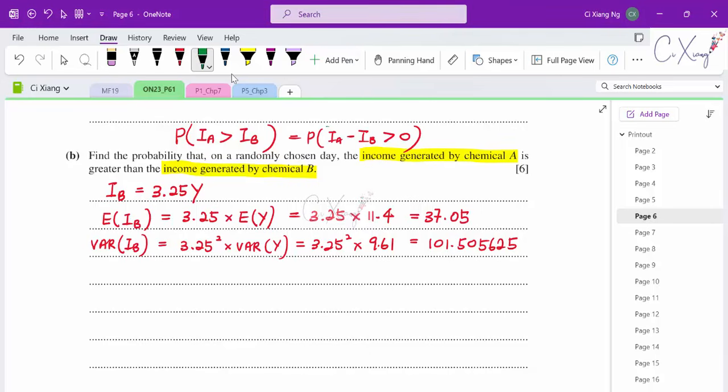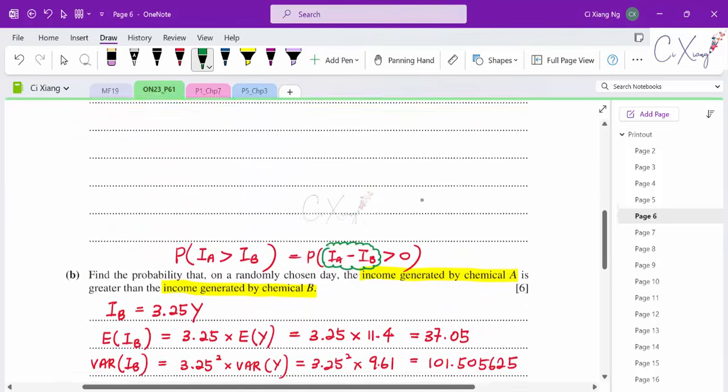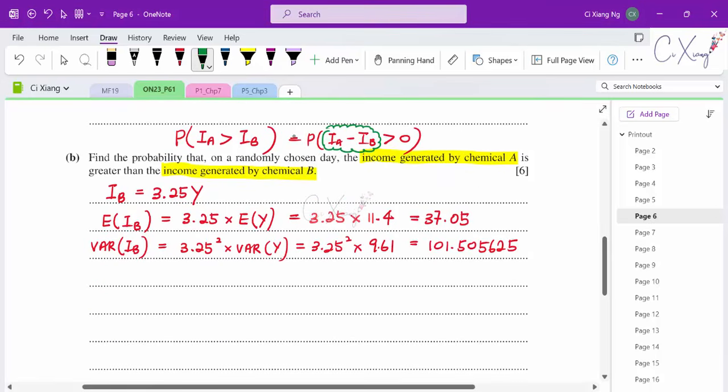Okay, so to calculate the probability, you have to find out the mean and also the variance for IA minus IB first. Because we know that everything here is normally distributed, therefore IA minus IB should be also normally distributed. So now, we calculate the mean and also the variance for IA minus IB.